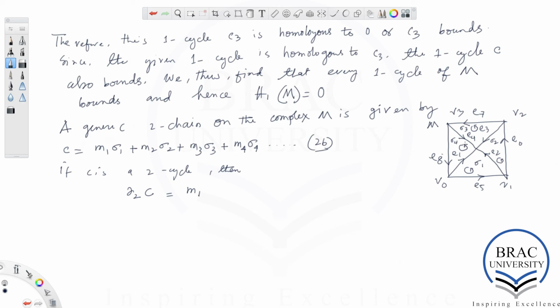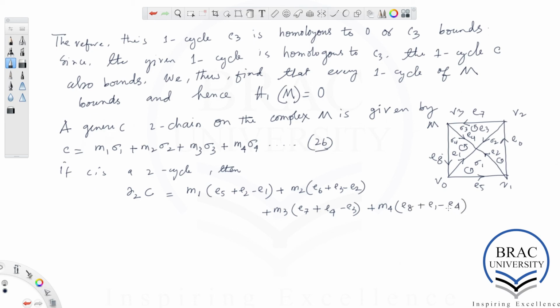Okay, so this was the picture, right? So from this one sees that this one chain, the boundary of the two chain C, is given by M1 times E5 plus E2 minus E1, okay, plus M2 times E6 plus E3 minus E2 plus M3 times E7 plus E4 minus E3 plus M4 times E8 plus E1 minus E4.